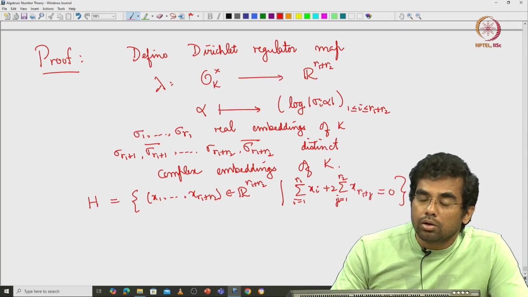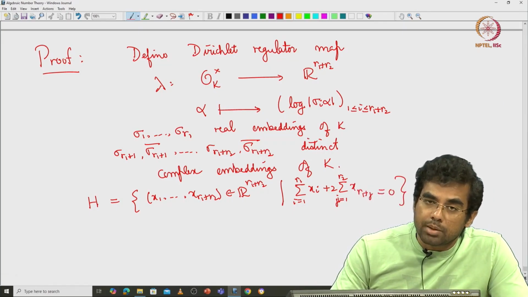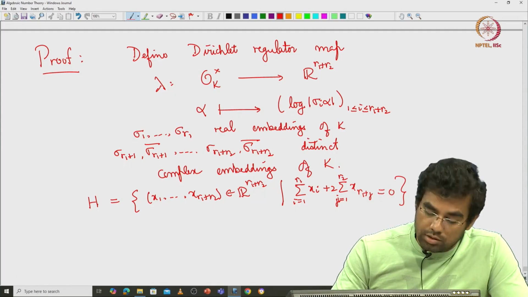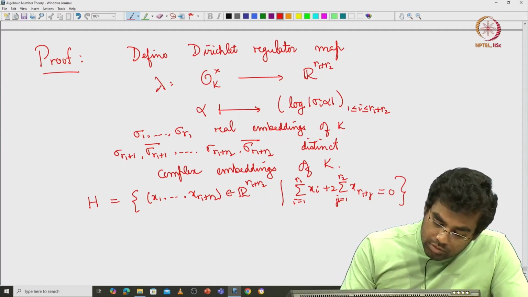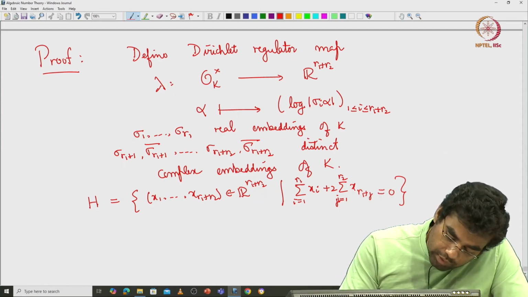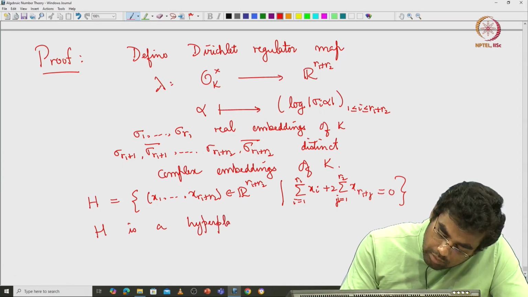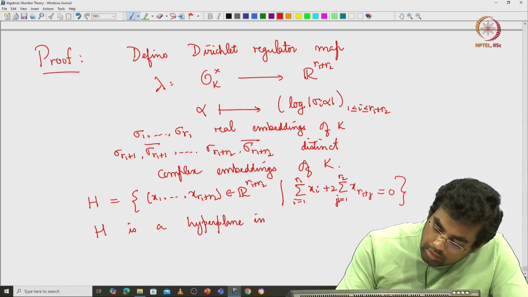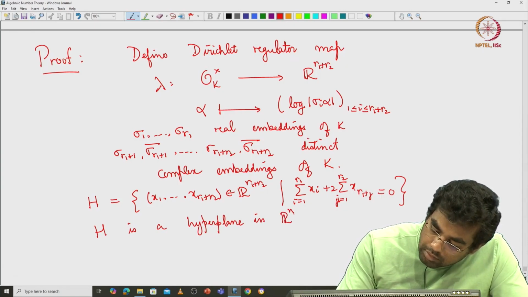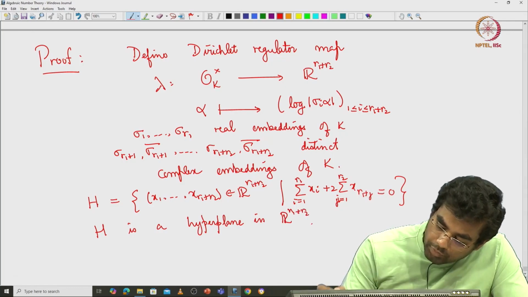Okay. So, H is a subset cut out by one linear equation. So, this is what is called a hyperplane. So, H is a hyperplane in R^(R1+R2).